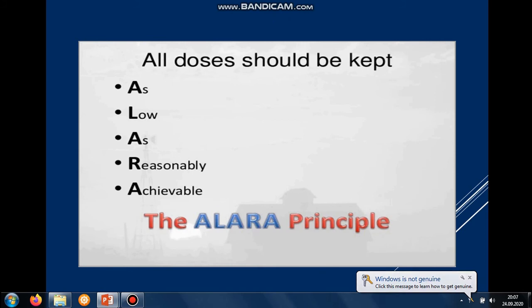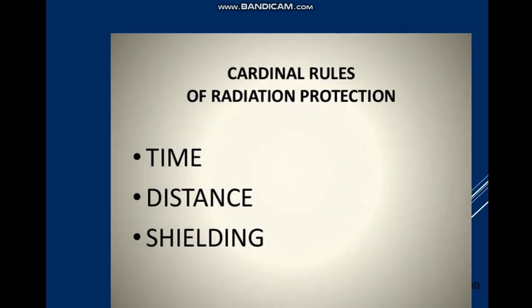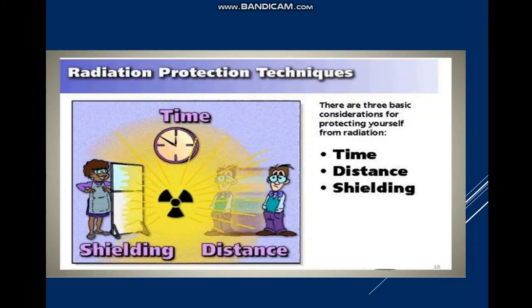This principle means that even if it is a small dose, if receiving that dose has no direct benefit, we should try to avoid it. To do this, we can use three basic protective measures from the damaging action of ionizing radiation: protection with time, protection with distance, and protection with shielding.